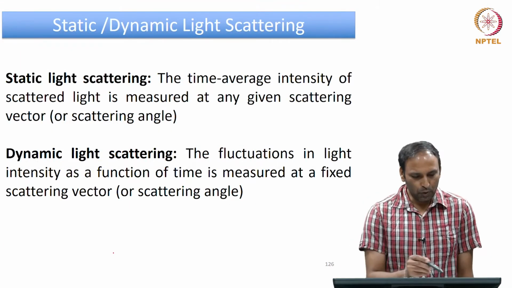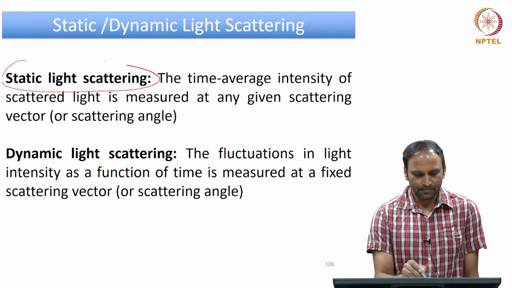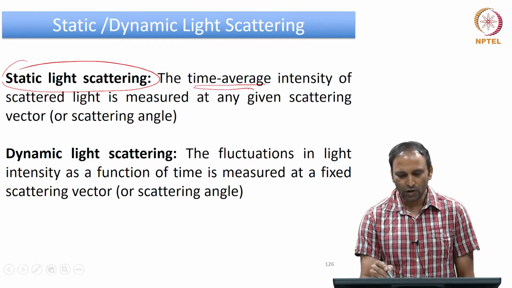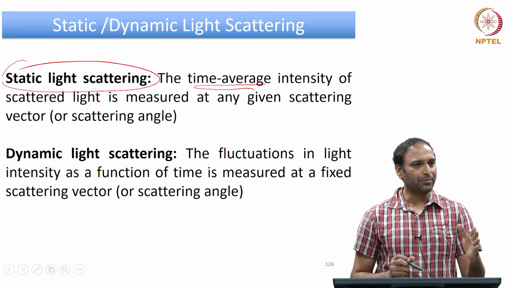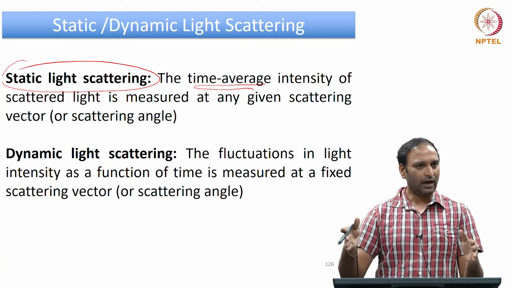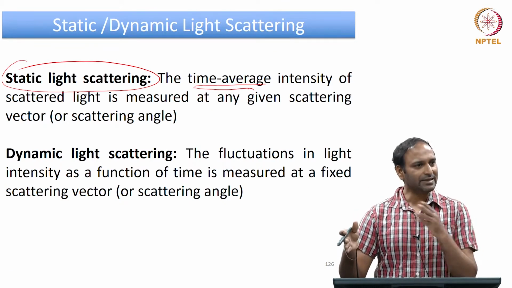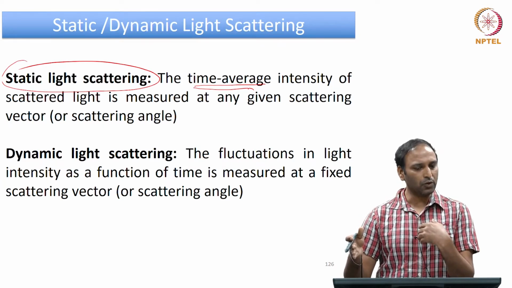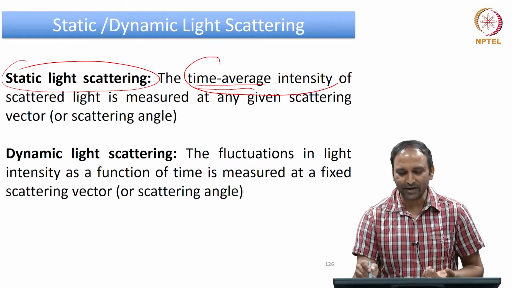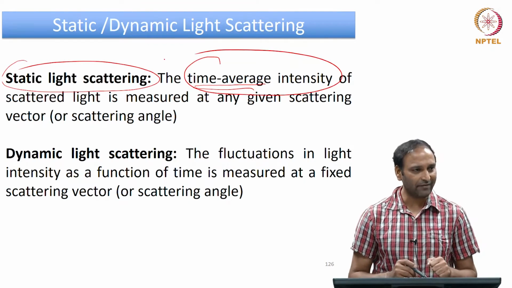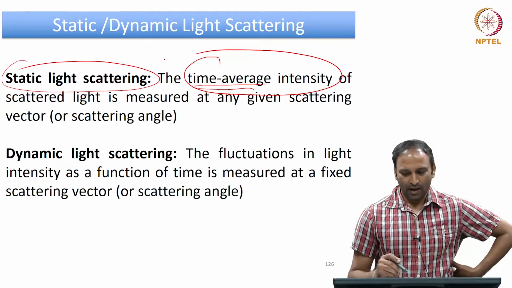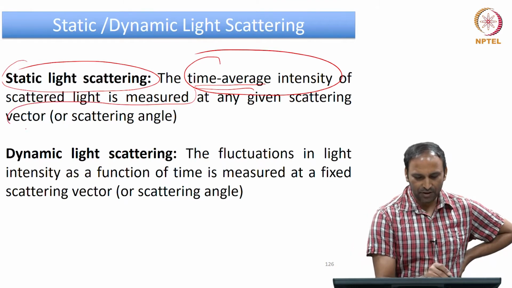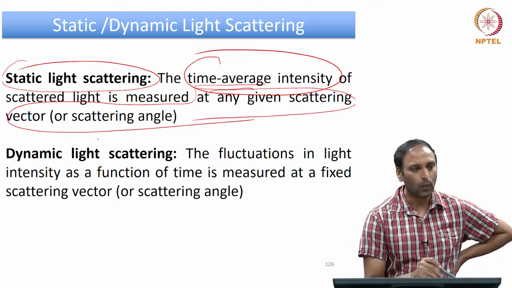So, typically people do two kinds of scattering experiments, what is called static light scattering, in which you have a sample, you have a detector, and you go on accumulating intensity as a function of time, and what you get out of the measurement is a time average scattered intensity. Okay, there is a term here called the scattering vector.